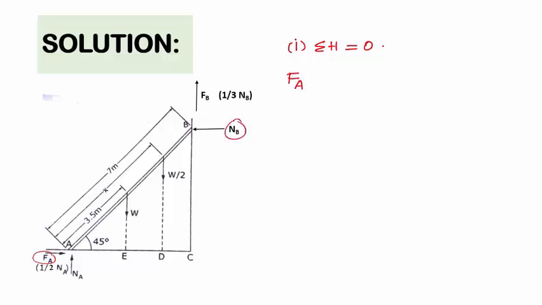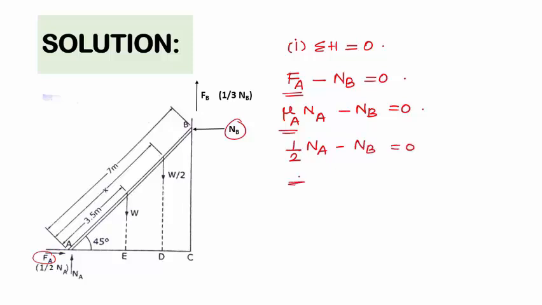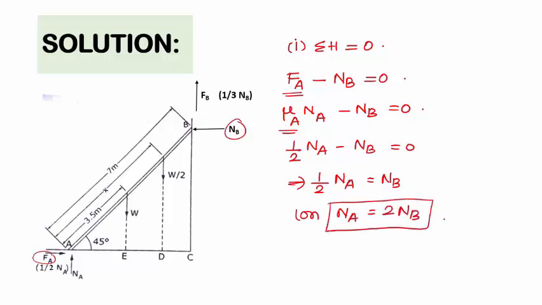NB is the normal reaction force acting at point B in the negative x-axis direction, so minus NB is equal to 0. The formula for the frictional force component F is mu into normal reaction force. So here mu A into NA minus NB is equal to 0. The value of mu A is given in the problem as 1/2. So this becomes 1/2 NA is equal to NB, or NA is equal to 2 NB. We can keep this as equation 1.